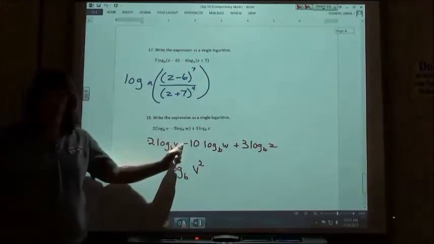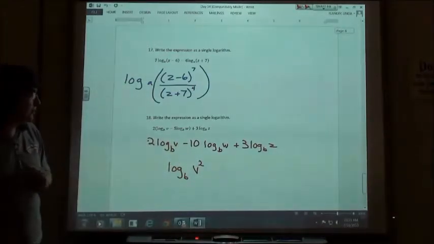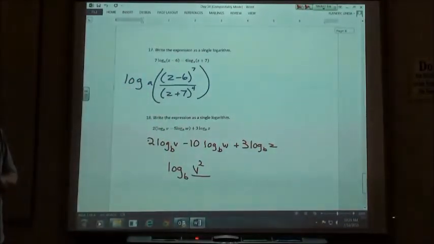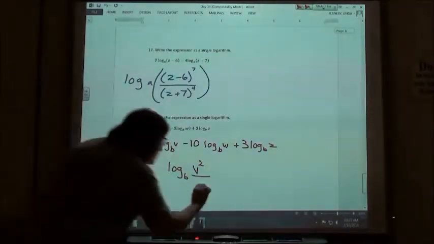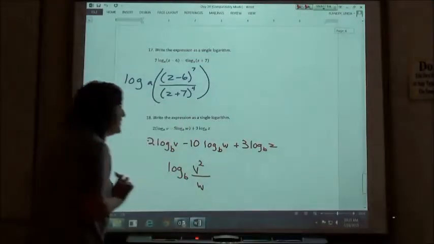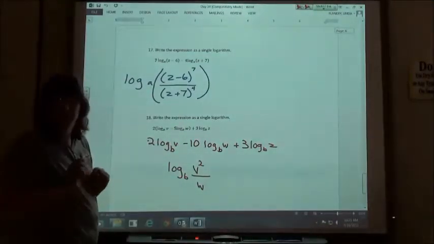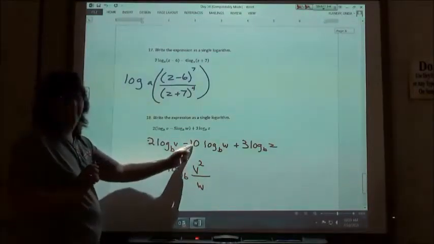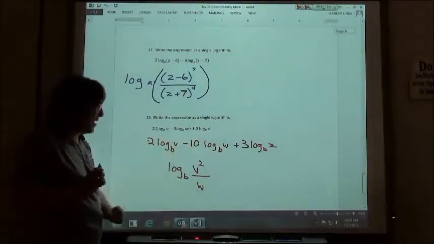What's going to happen with this one? Divide it by w to the 10th, not negative 10.